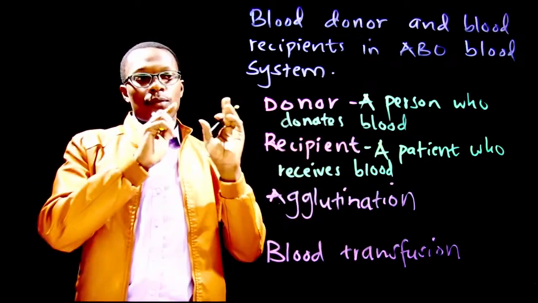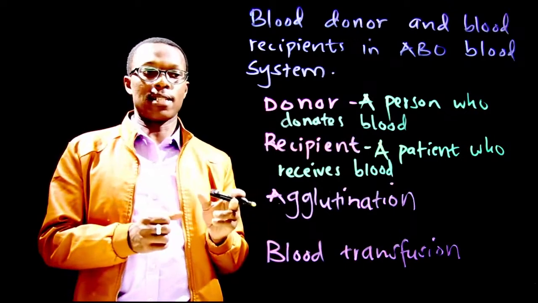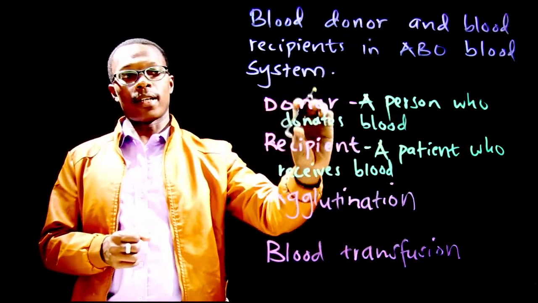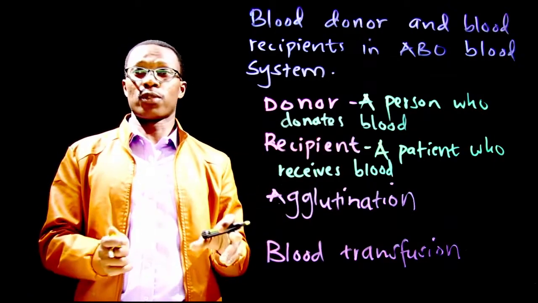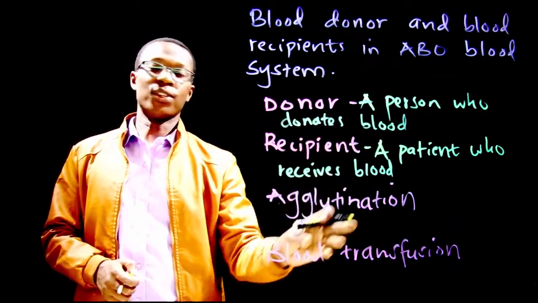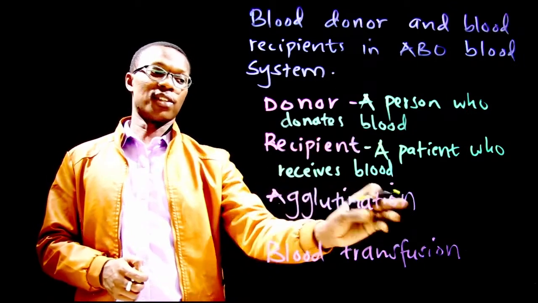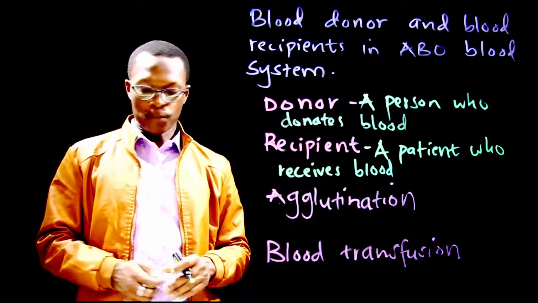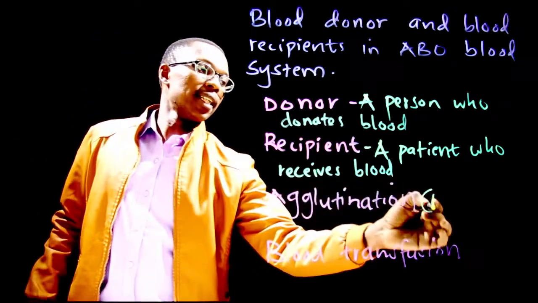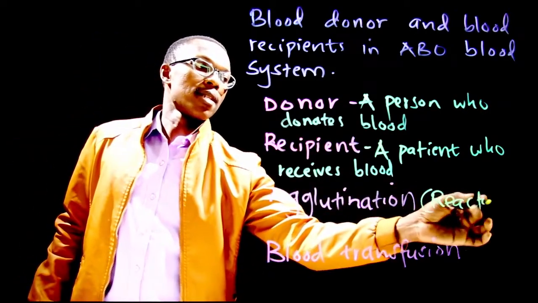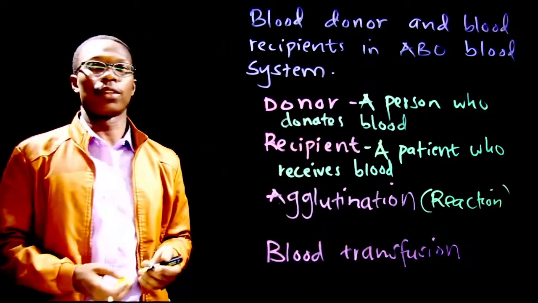Now, one thing that I want you to understand is that if a donor gives the recipient blood that does not match, then what will happen is what we call agglutination. Is that okay? Now, what is agglutination? Agglutination, in simple terms, is just a reaction.